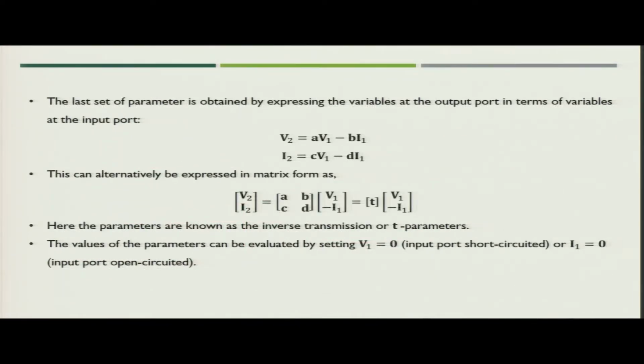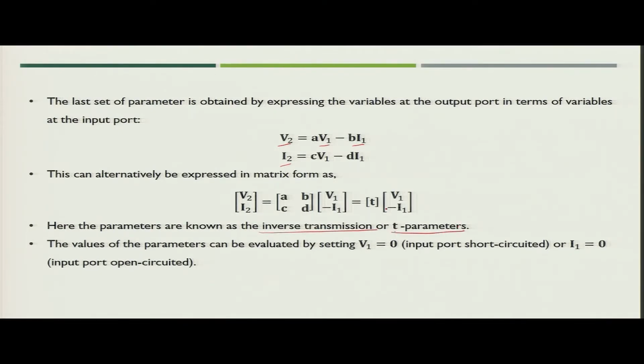Next is the opposite of what we discussed till now, meaning V2 and I2 will now be related with respect to V1 and I1. That means we can also set V1 and I1 as independent variables and V2 and I2 as dependent variables. In that case, the relationship we get is called the inverse transmission or inverse T parameters.